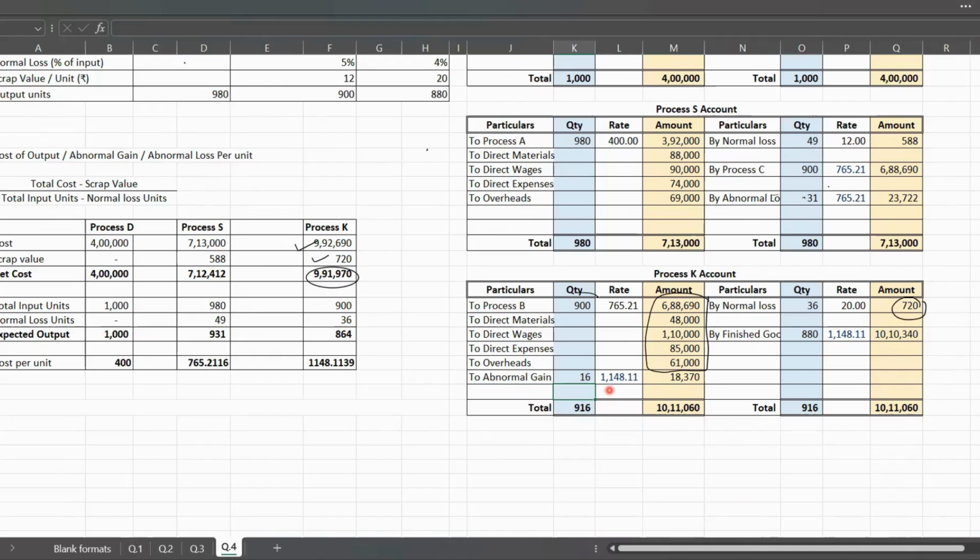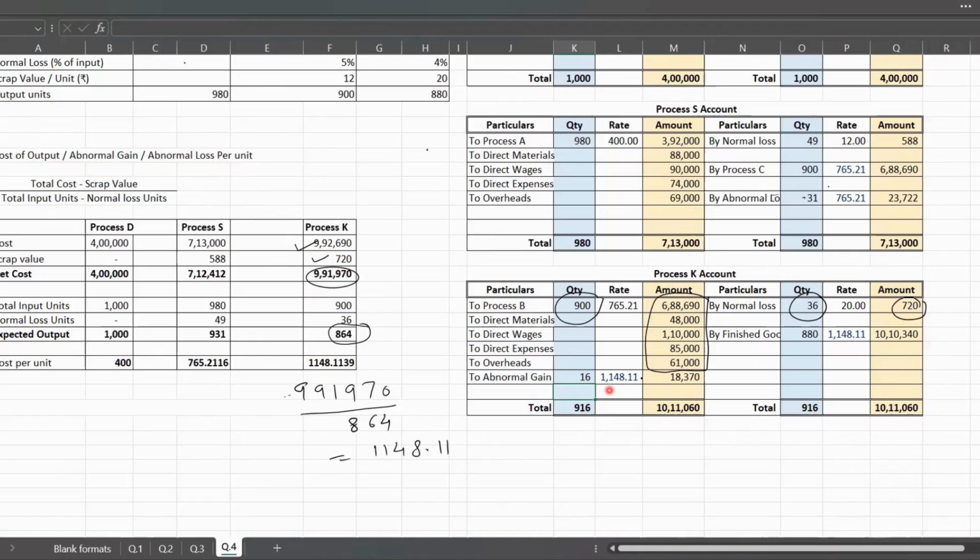And for expected output, 900 minus 36 normal loss units, it comes to 864. So our final calculation is 9,91,970 divided by 864. Our CPU is 1148.11.